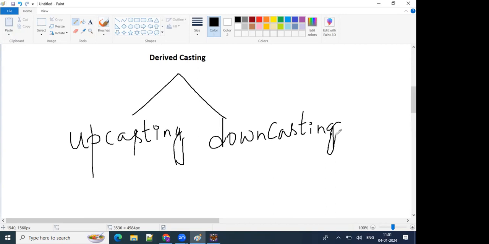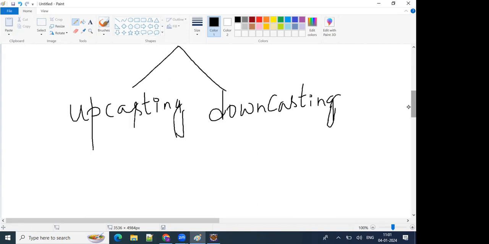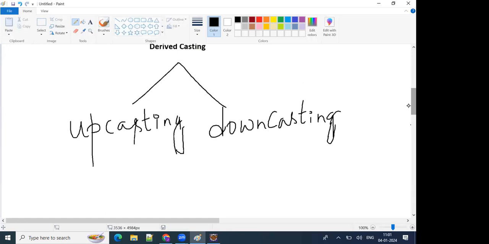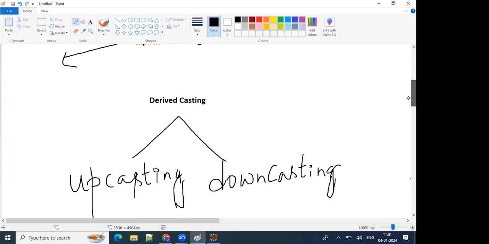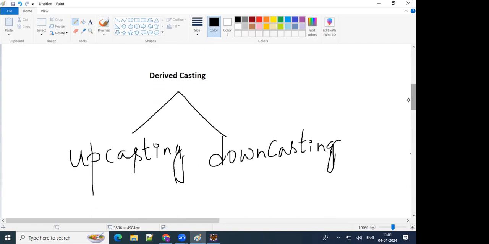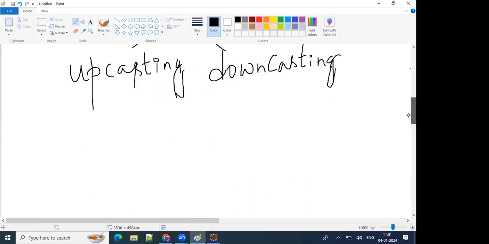What do you mean by upcasting? If you want to do derived casting, what do you mean by derived variable? An object holds a variable: A1 = new A(). A1 is a variable, a derived variable.